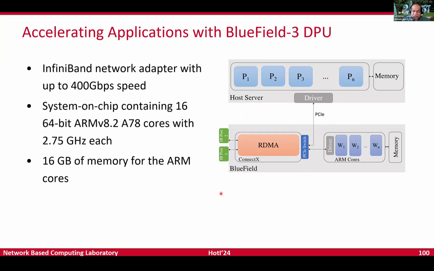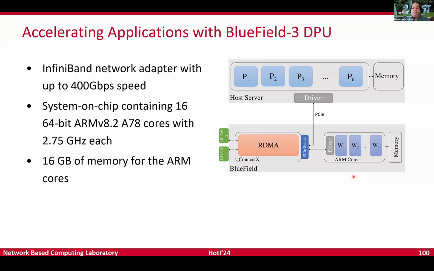Of course, it has the RDMA engine that was there earlier, but now in addition, it has a set of programmable ARM cores. Depending on the adapter, the number of cores is adjusted. In the BlueField-3 DPU, you will see 16 ARM cores. And obviously the speeds are different. These are the ARM cores.